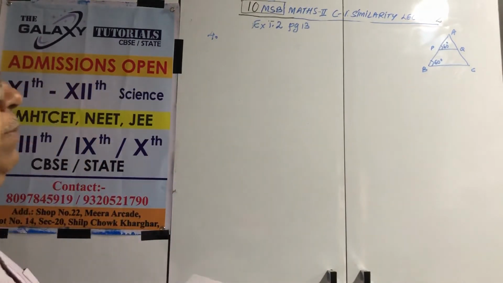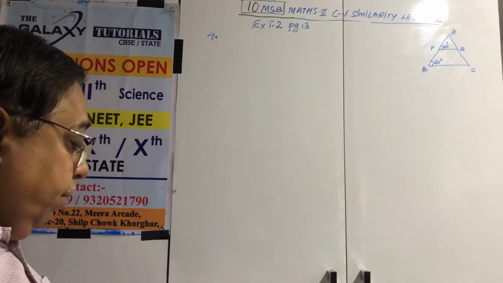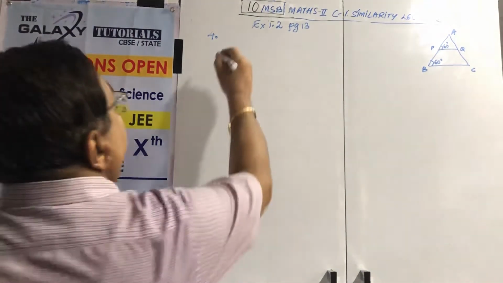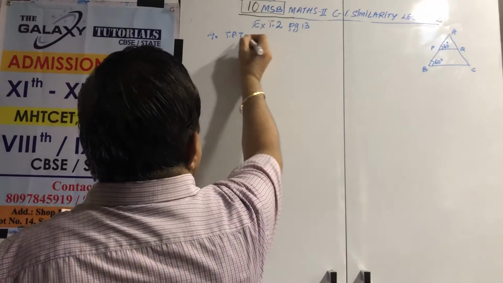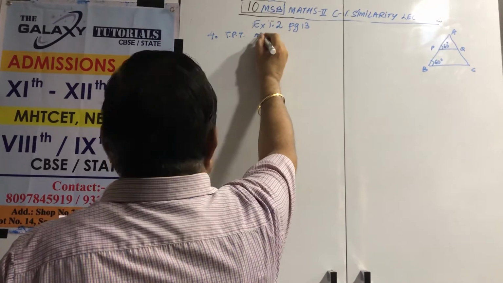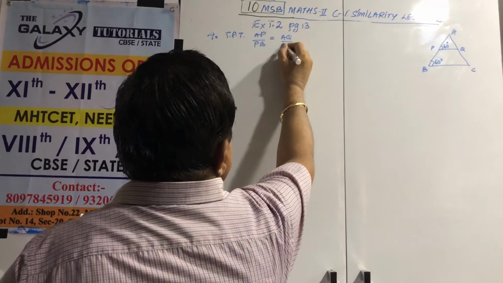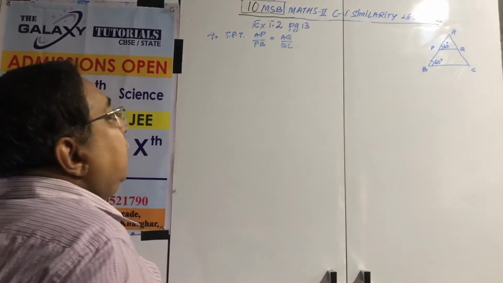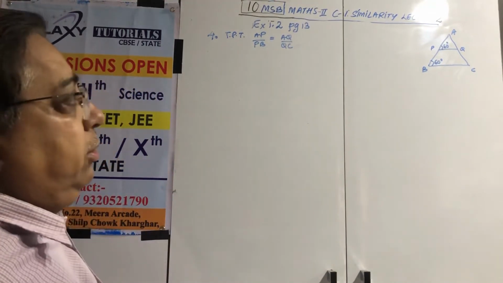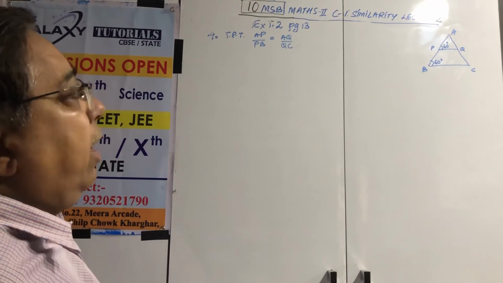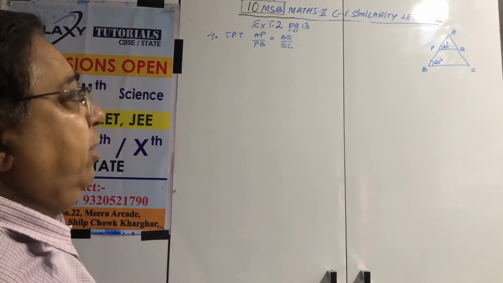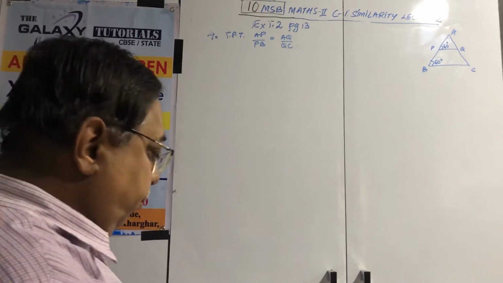They have given me angle P is 60, angle B is 60. I have to prove that AP upon PB is equal to AQ upon QC. This is the basic proportionality theorem that I have to prove.